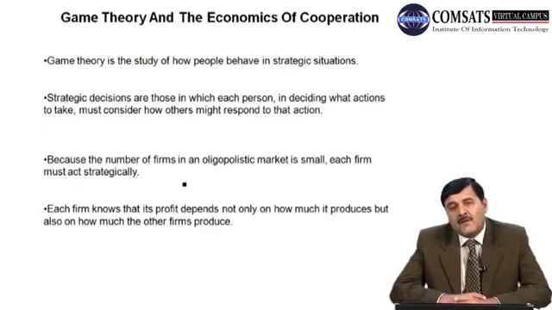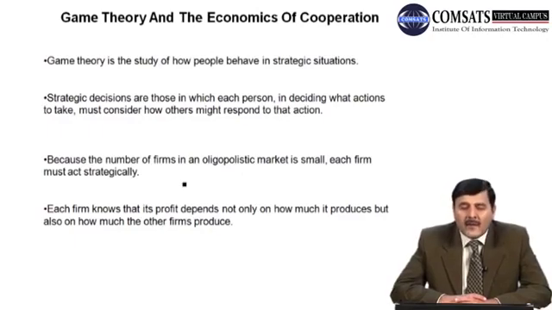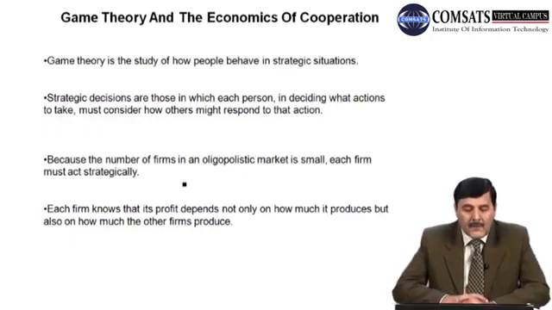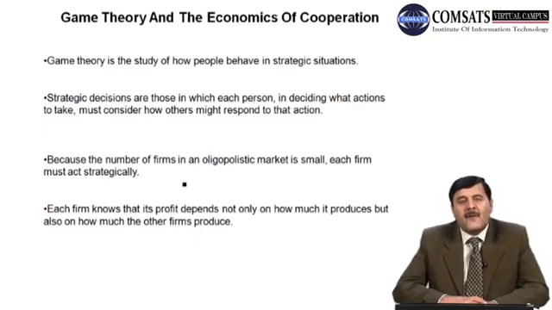So when they have to make strategic decisions, how they behave, how they work, that is known as game theory. Now because the number of firms in the oligopolistic market is small, each firm must act strategically. Each firm knows that its profit depends not only on how much it produces but also on how much the other firms produce.